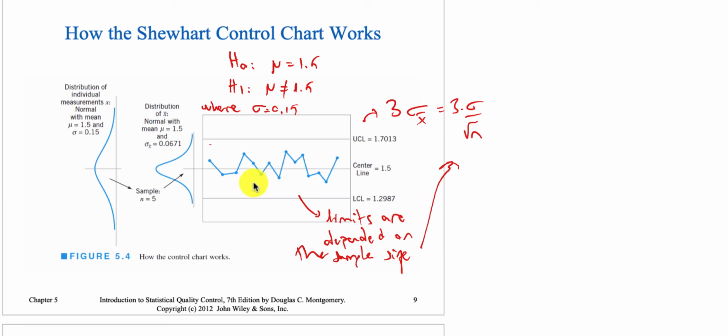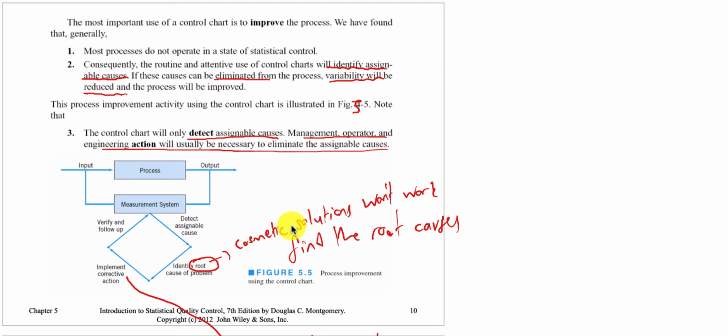Okay, if we use larger sample sizes, our limits will be narrower. All right. After using the control charts, we need to identify the assignable causes, then eliminate them so we can improve the process. Okay, so taking action after observing out of control points is the important part of using control charts.